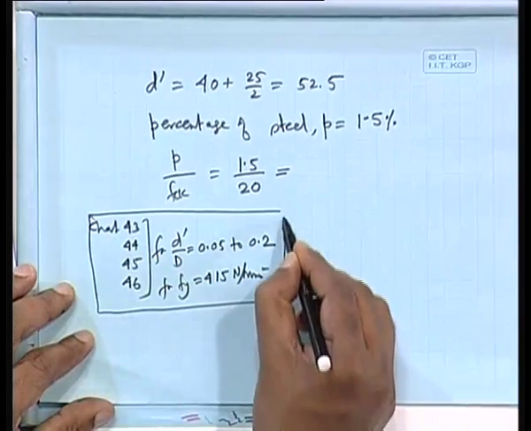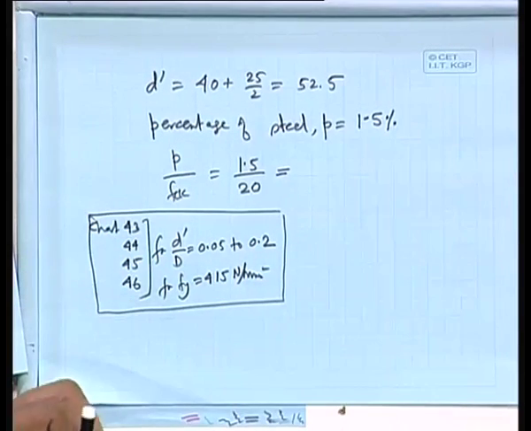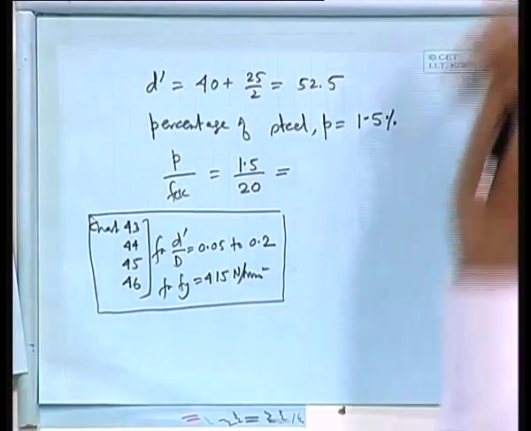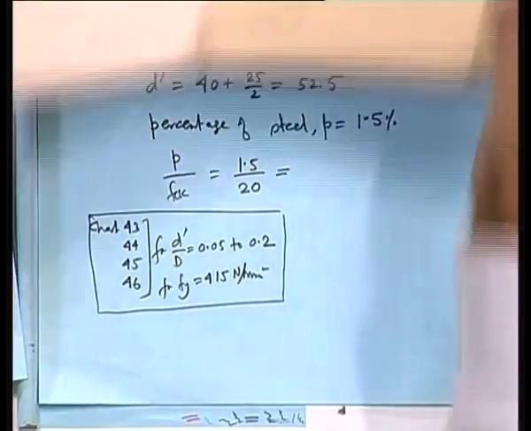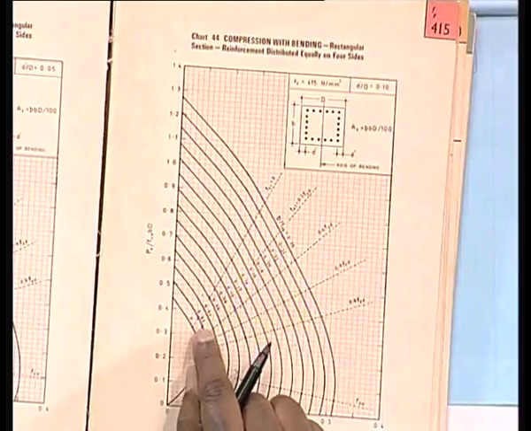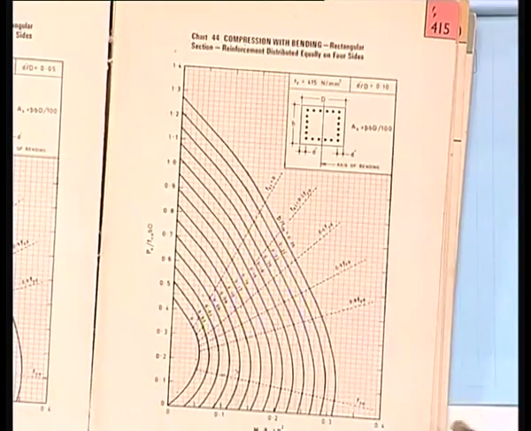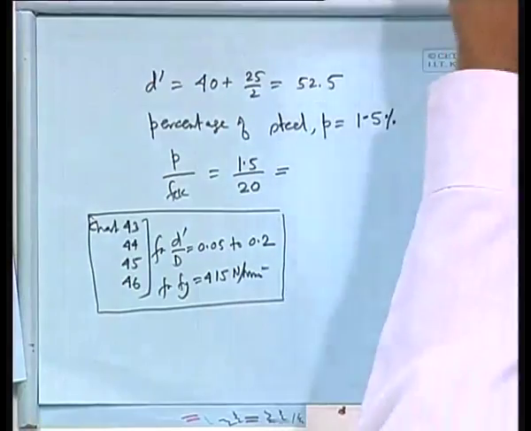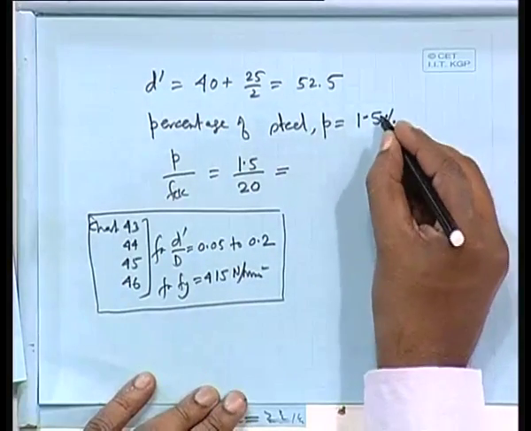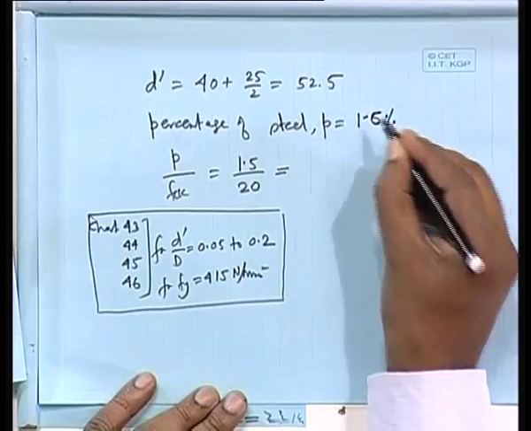Now, what about the tricky thing? Here, 1.5 by 20 means it will be 0.075. But in SP16, it gives curves in 0.02, 0.04, 0.06, 0.08 in this fashion. That is why I am telling: instead of taking 1.5%, let us take 1.6%, because we are assuming.